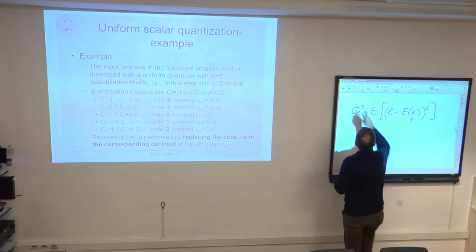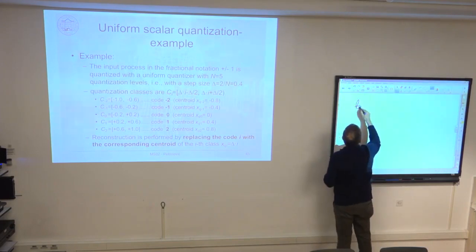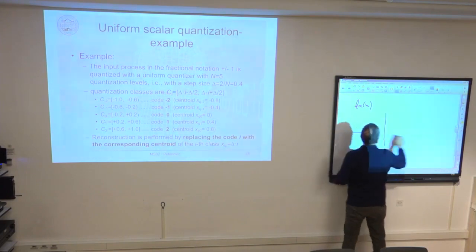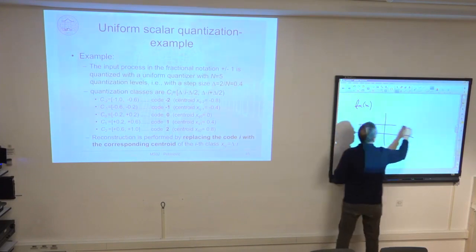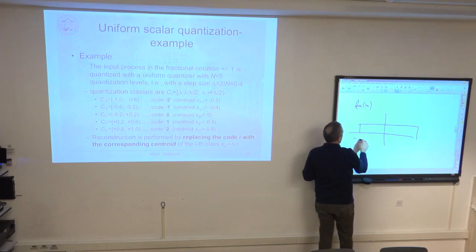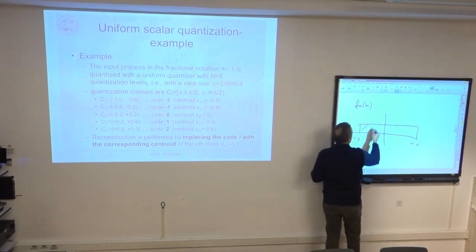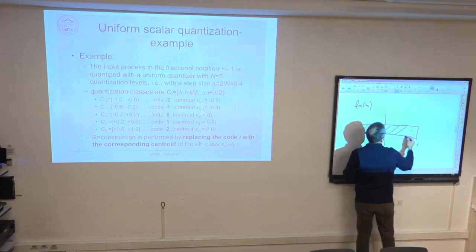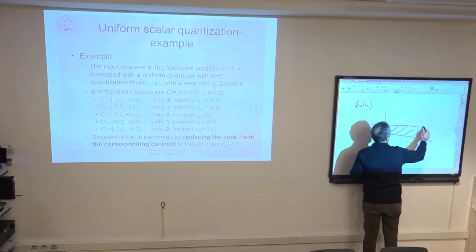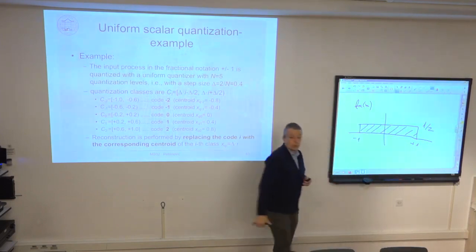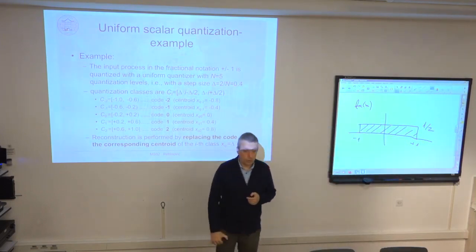So this f_X(x) would look something like this. The input value of the signal is from -1 to +1 with equal probability. And obviously, this must be 1/2 in order for the integral to be 1.